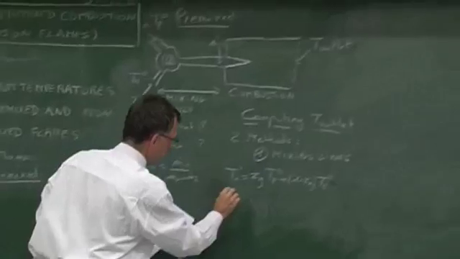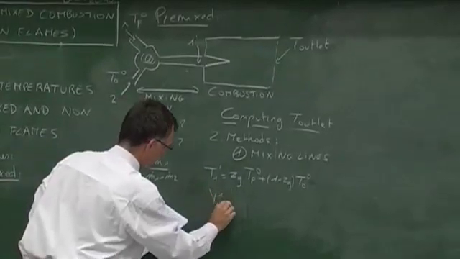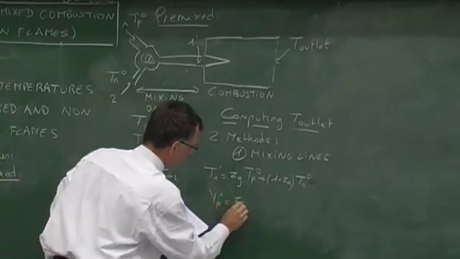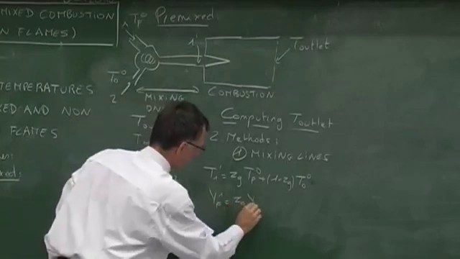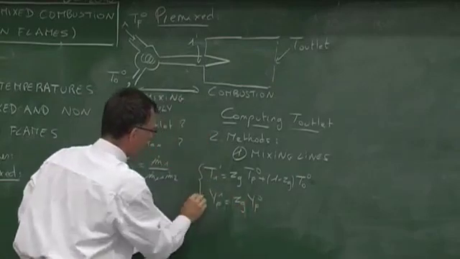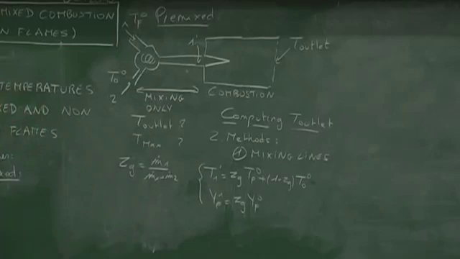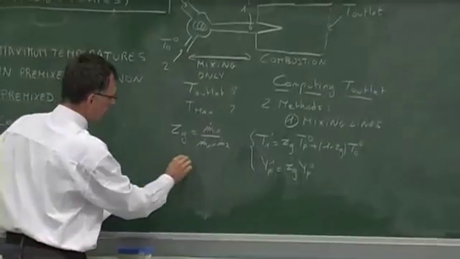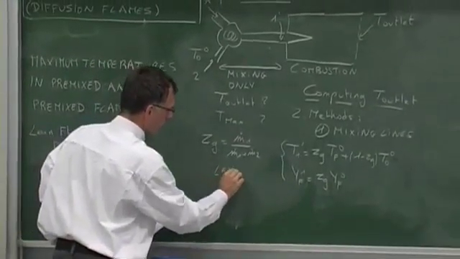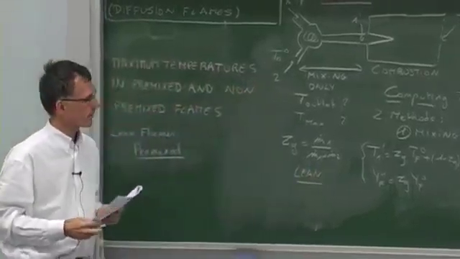And the fuel mass fraction here will be Z global multiplied by Y_F0. This comes directly from the mixing lines. And again, everything I'm going to do here is for lean combustion, so I don't have to care about oxidizer.